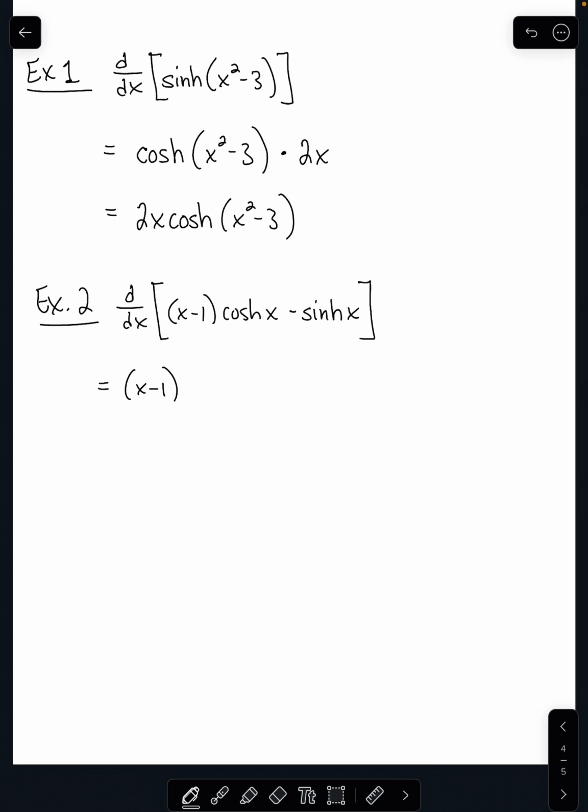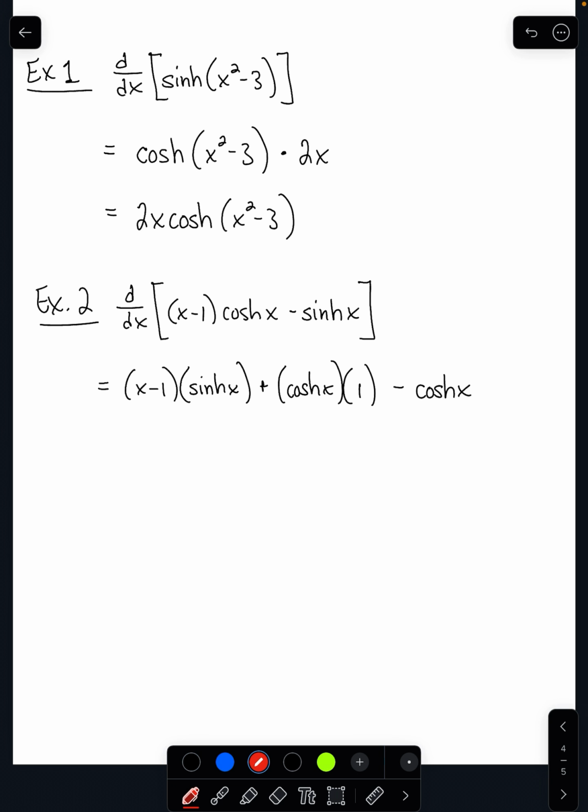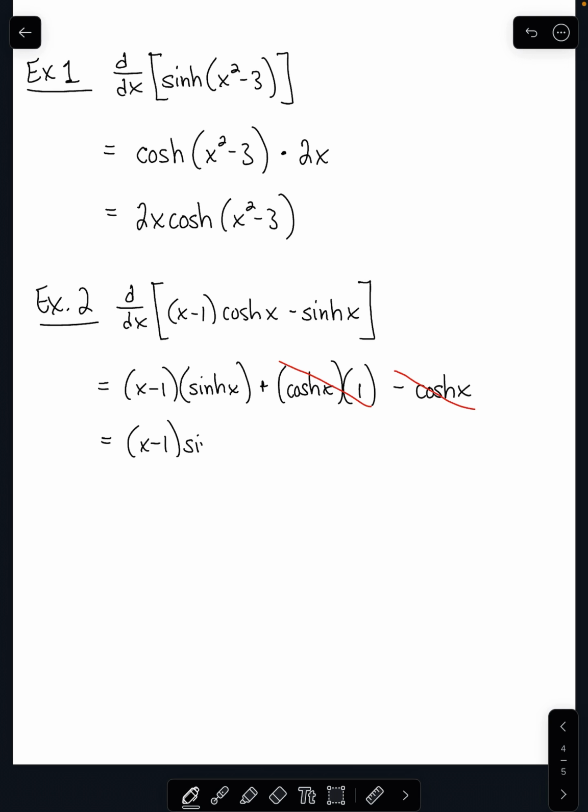The second function being hyperbolic cosine of x, its derivative is hyperbolic sine of x. Plus the second function, hyperbolic cosine of x, times the derivative of x minus 1, minus the derivative of hyperbolic sine of x, which is simply hyperbolic cosine of x. We get a clean cancellation of these two terms, which means the derivative of this function is simply x minus 1 times hyperbolic sine of x.